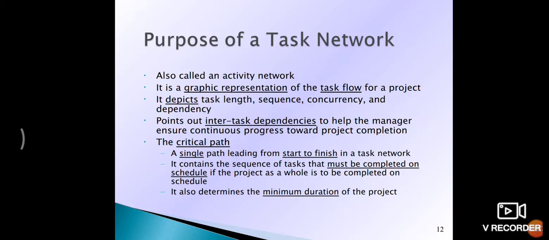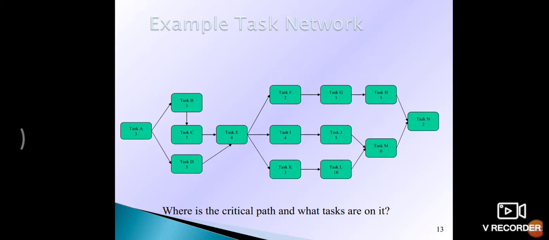A particular link or network of activities will have a significant start point and a significant end point. It is not interdependent on the other modules of a project. It contains a sequence of tasks that must be completed on schedule if the project as a whole is to be completed on schedule. It also determines the minimum duration of the project.